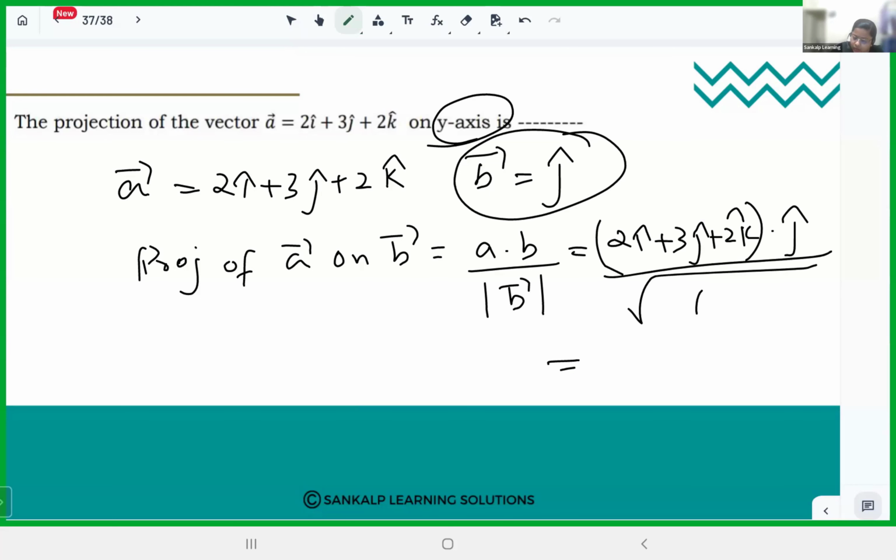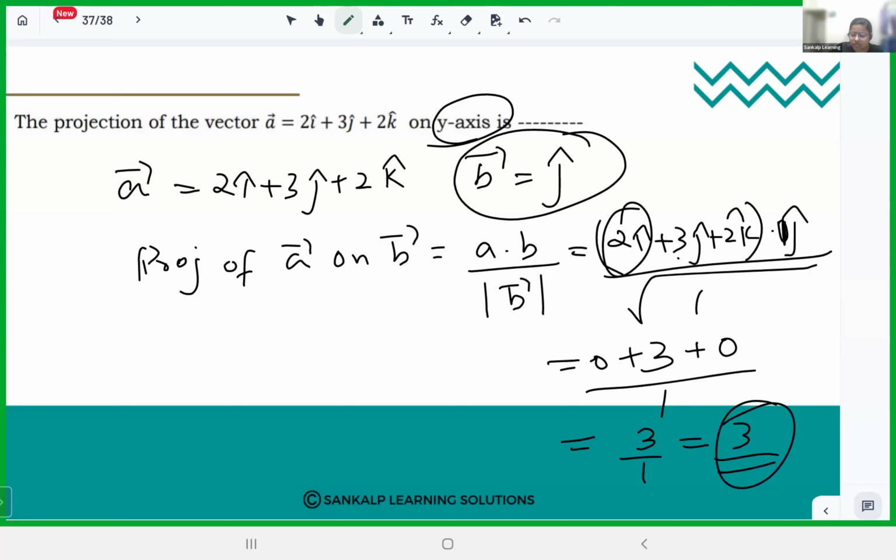Here you can see that there is no i component in vector b, so 2 into 0 is 0, plus 3 into 1. Only the j portion is there for vector b, so 3 into 1 is 3. Then 2 into 0 is also 0, as there is no k component, divided by 1. So this is equal to 3 by 1, which is 3. So the projection of the vector on the y-axis is nothing but 3.